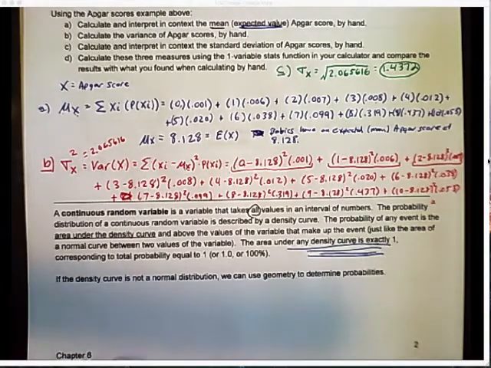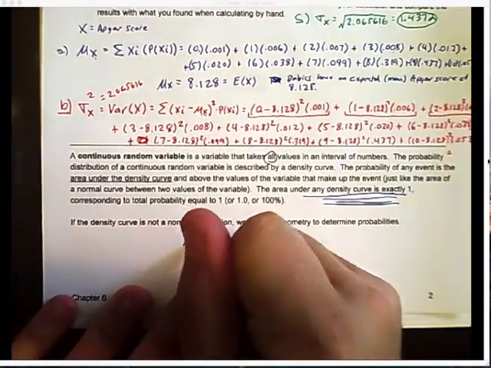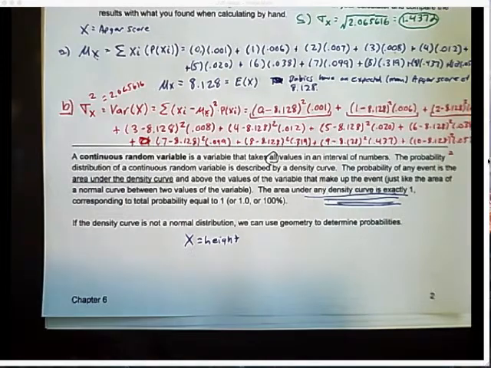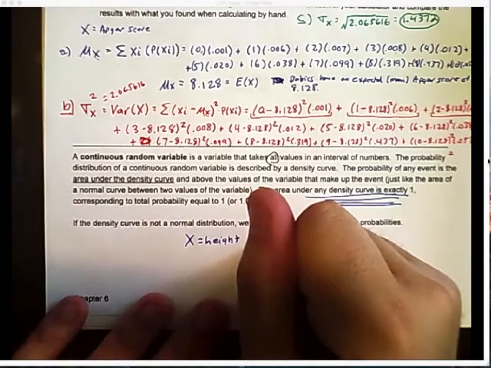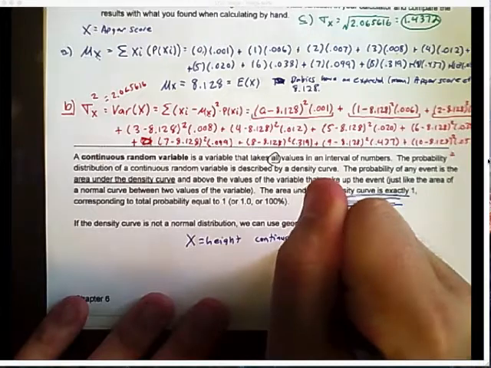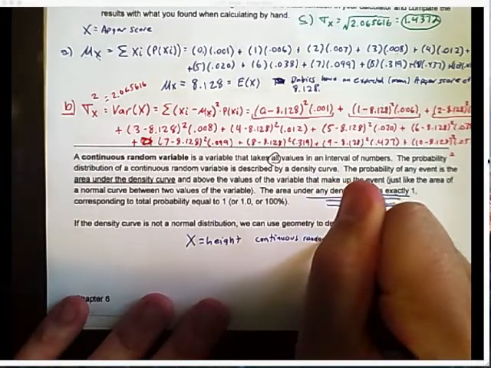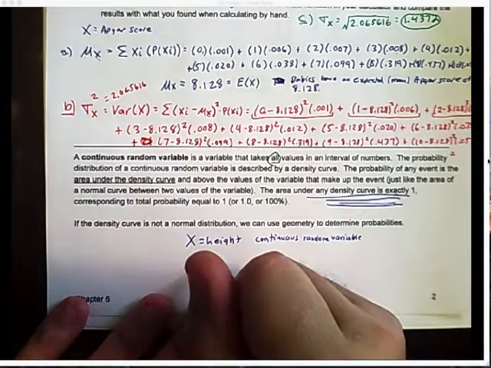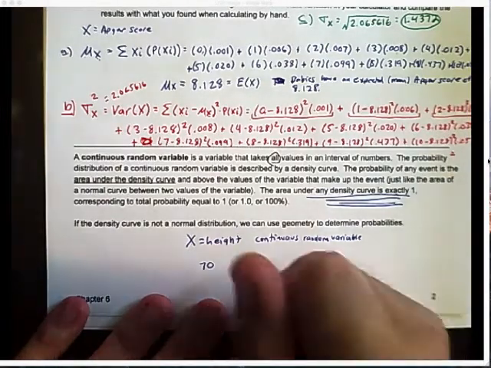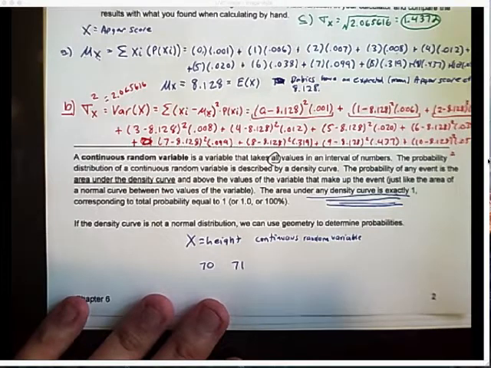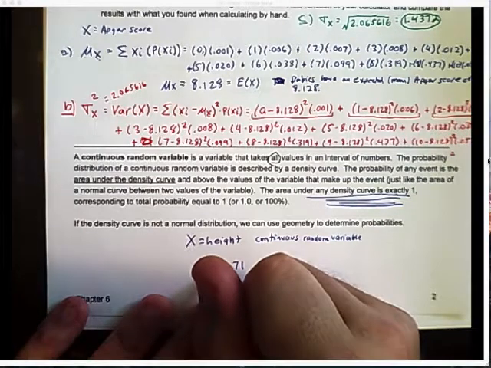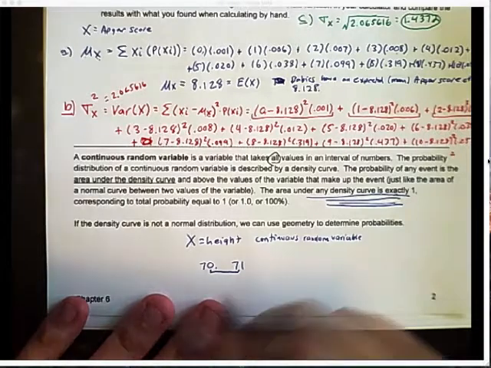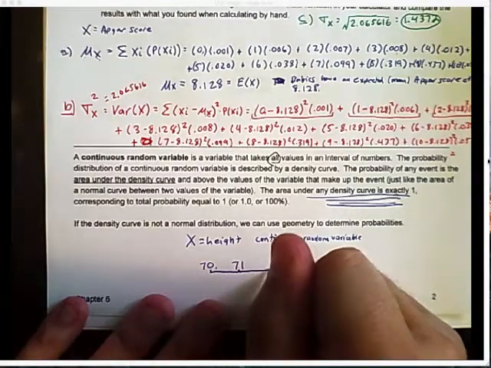So let's think about a variable that's continuous. Height, for example. Okay. Height would be a continuous random variable. So ask yourself, why is this a continuous random variable? Can someone be 70 inches tall? Yes. Can someone be 71 inches tall? Yes. Can someone be anywhere in between 70 and 71? Yes. Okay, and then they can be anywhere between 71 and 72.